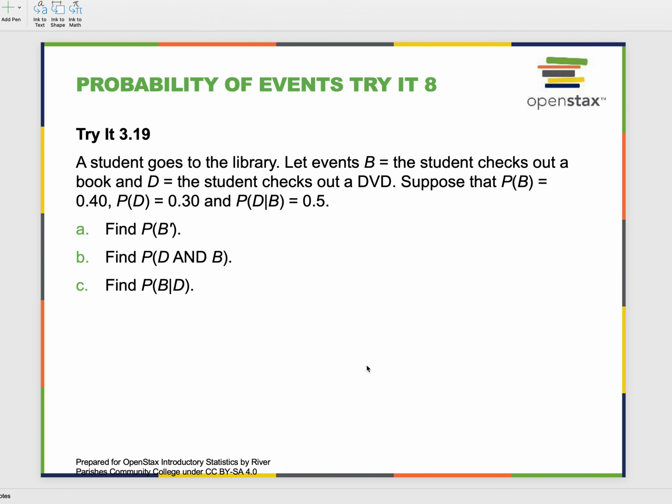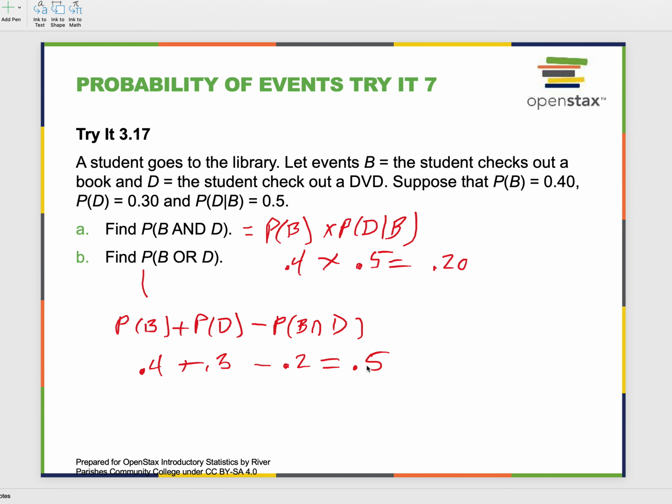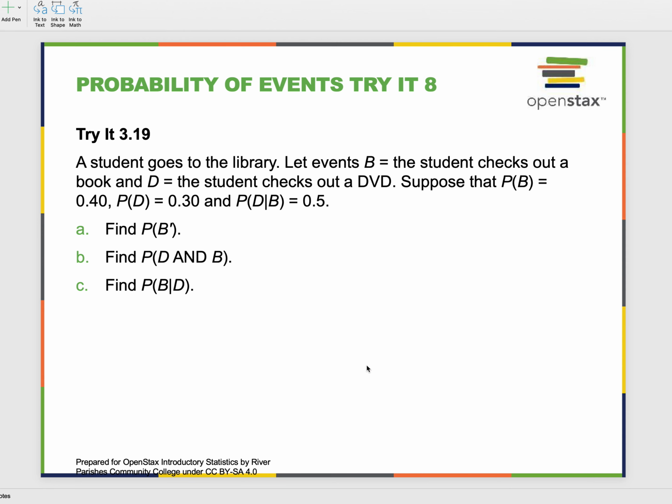Student goes to the library, checks out a book. Student B goes and checks out, the event is a student checks out a DVD. Probability of B is, again, 0.4. Probability of D is 0.3. The probability of D given B is 0.5. Is that what we got last time? Yeah, that's the same problem. What's the probability of the opposite of B, the B complement?